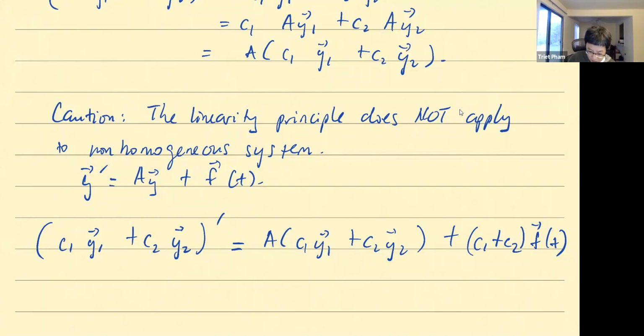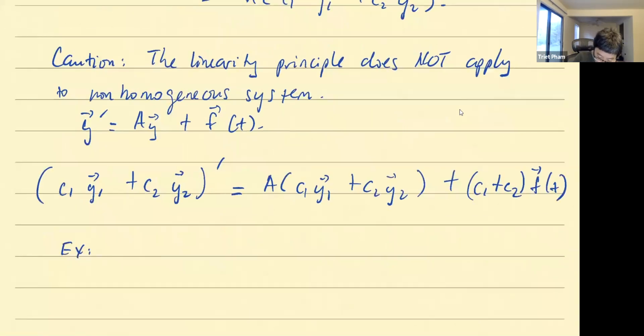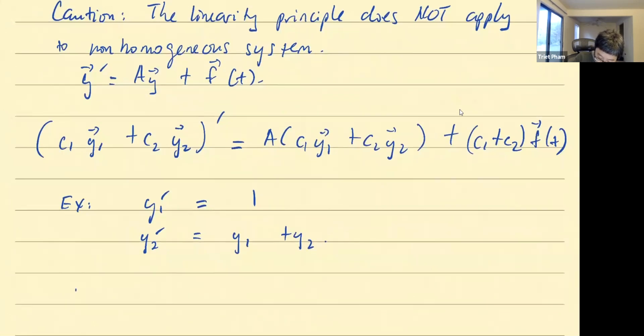So I think the textbook gives you an example, and I think it's worth looking at. They say y1 prime is equal to 1, y2 prime is y1 plus y2, and they say the linear principle does not apply.